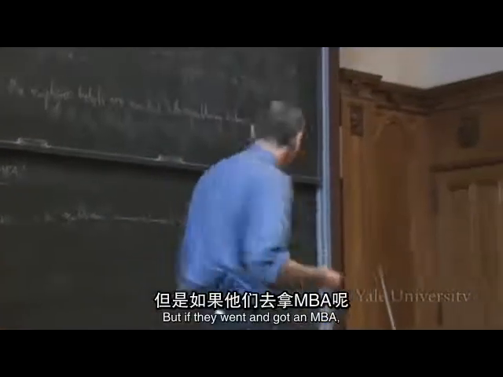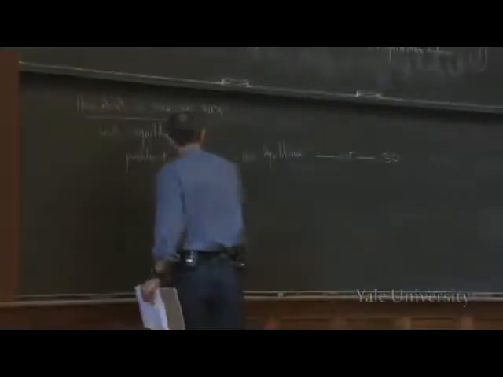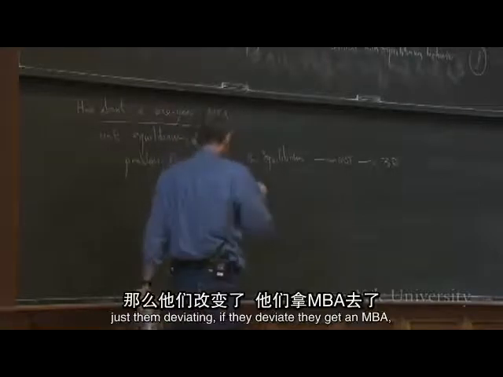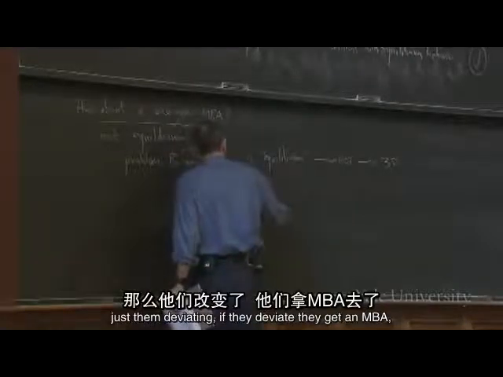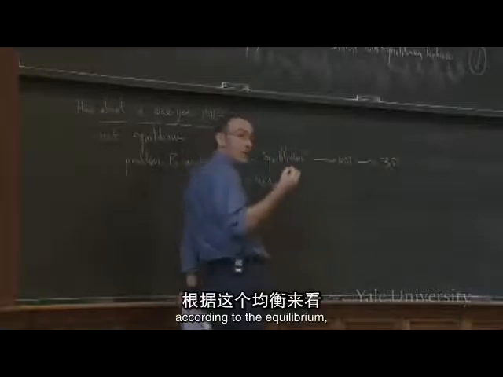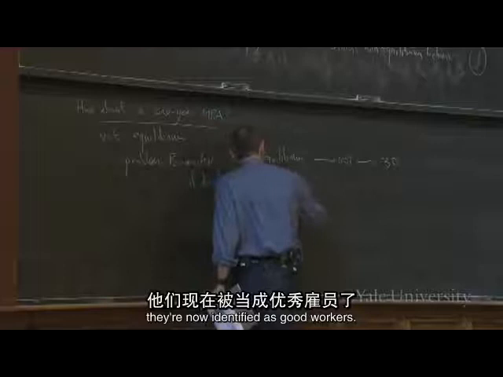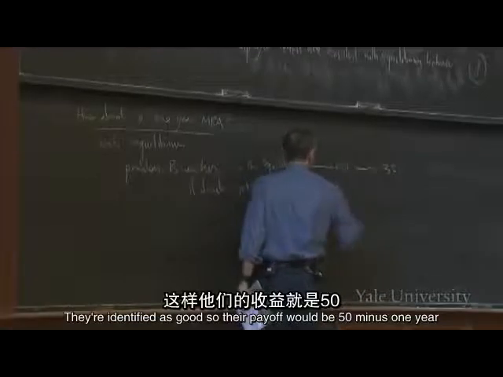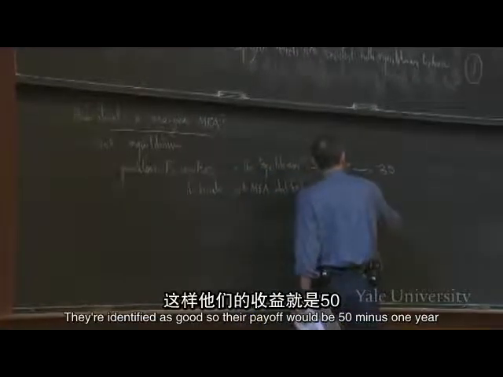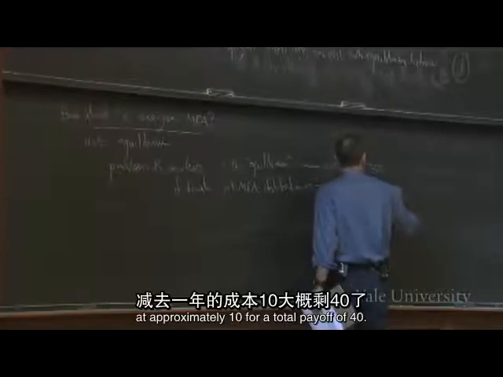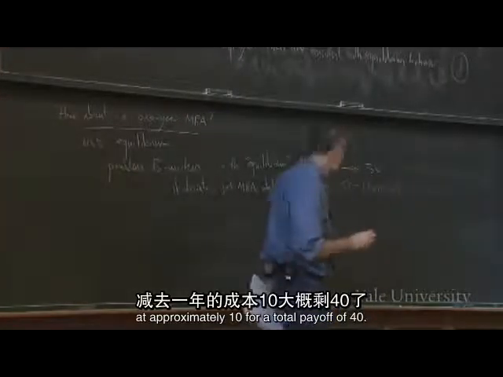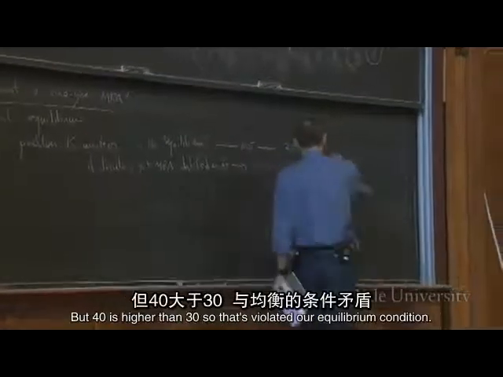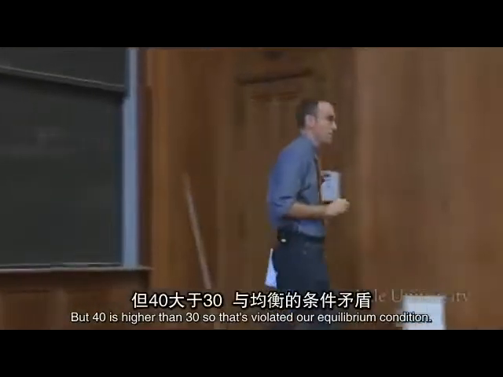But if they deviate, and no one else deviates, just them, and they get an MBA, according to the equilibrium they're now identified as good workers. So their payoff would be 50 minus 1 year at approximately 10, for a total payoff of 40, but 40 is higher than 30, so that's violated our equilibrium condition.